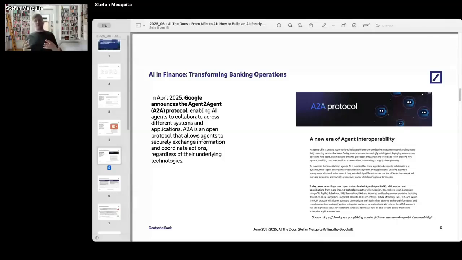Those two protocols are set to revolutionize how we interact with AI in future, and we would like to dive deeper into this. That's the moment where my colleague Tim comes in, but he's not there yet, right, Rebecca, Laura?